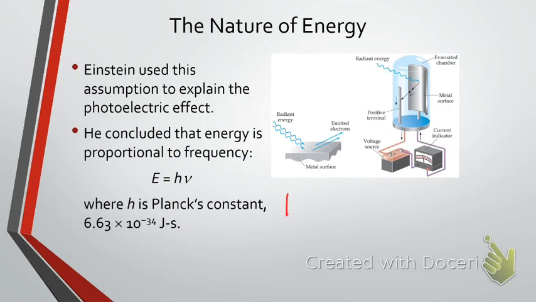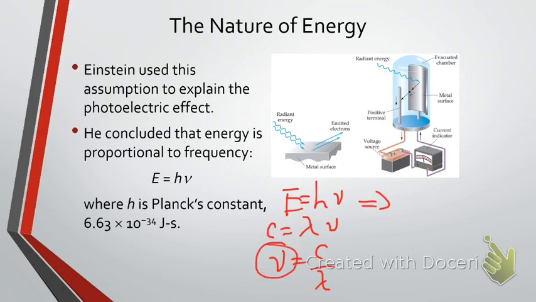Well, let's think this through. Since E is equal to h times nu, and we have c equal to lambda times nu, we can solve for nu: nu is equal to c divided by lambda. So if you know the wavelength of a light, you can plug this value of nu into the energy equation.